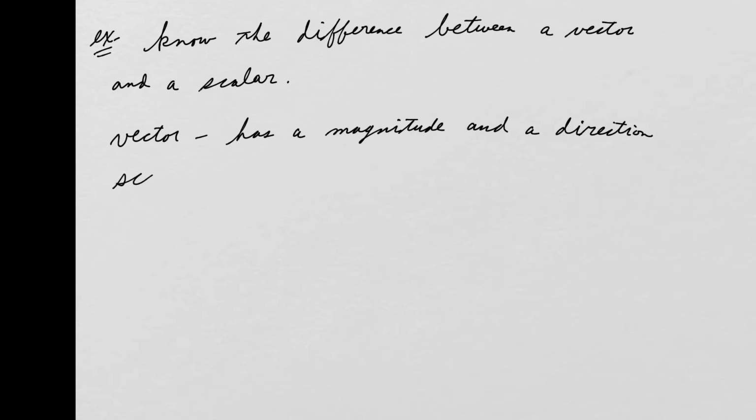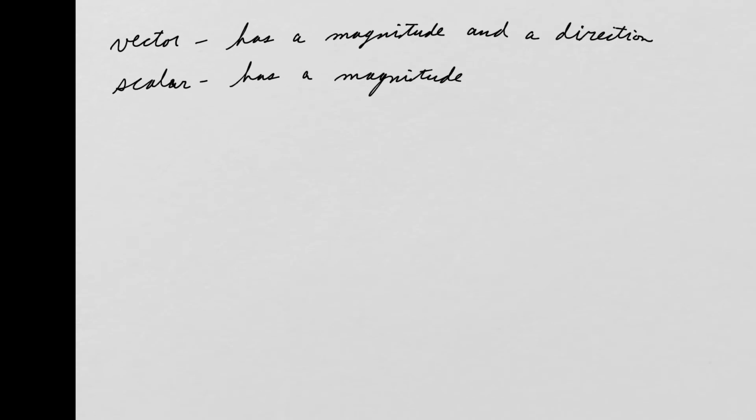A scalar just has a magnitude. It doesn't have a direction. So some examples of vectors and scalars, things like displacement. That would be a vector, right? Because it has a magnitude, so many meters or so many miles, whatever it is, and it has a direction, like northwest or at some degree, some angle.